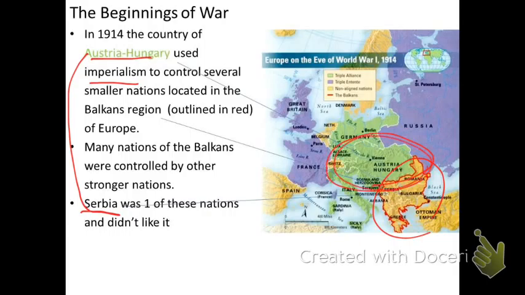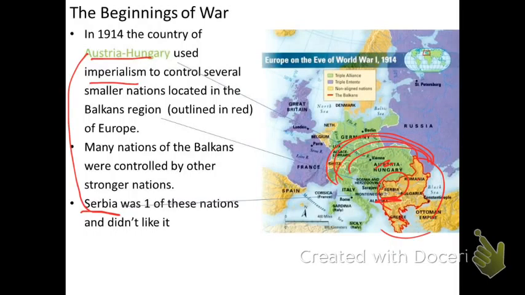And here is the Austrian Empire right in there. And Serbia, I know it's a little bit difficult to see on this particular map, but Serbia is located right there. And of course you can see where Austria is. Austria-Hungary was an empire.